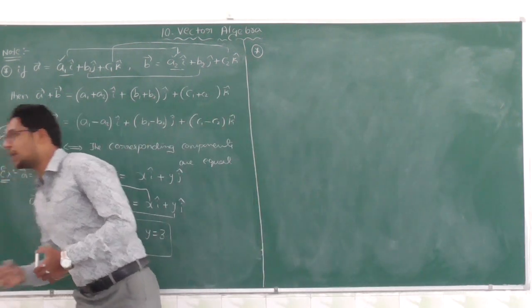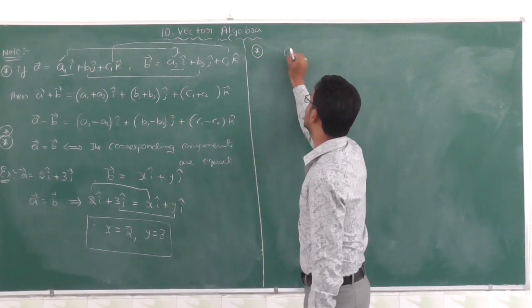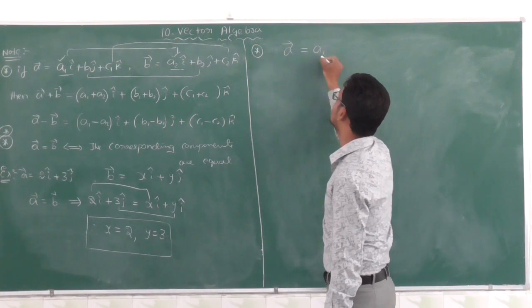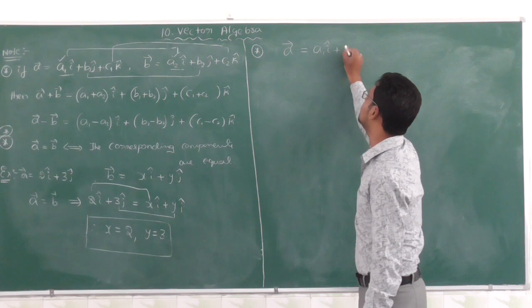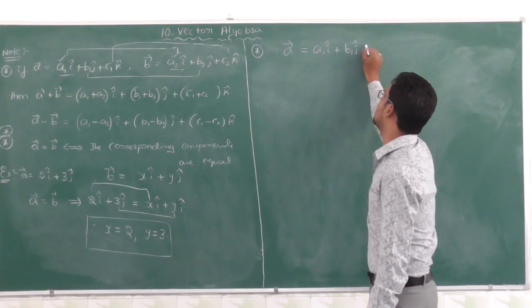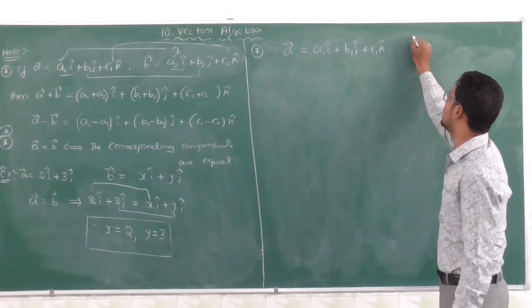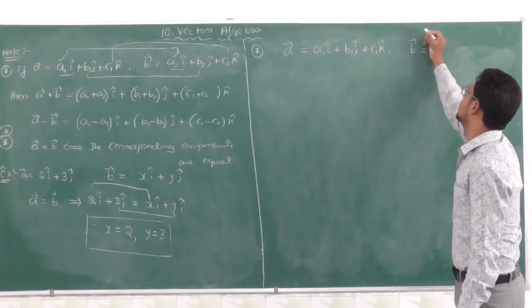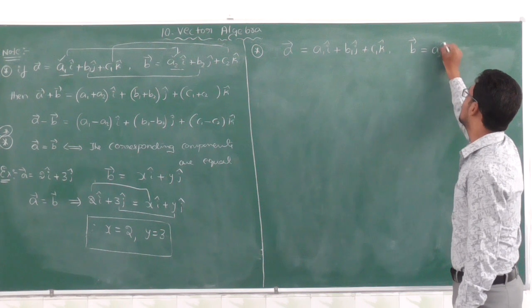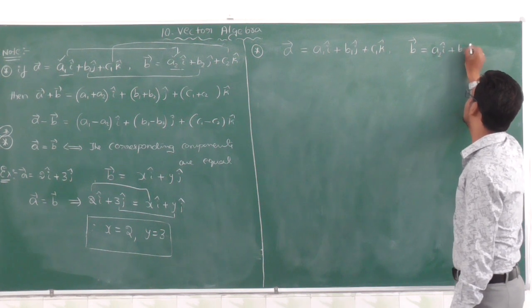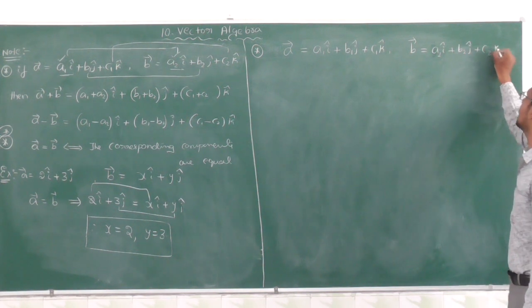See, we have the vector A equals A1 i cap plus B1 j cap plus C1 k cap. Next, one more vector we have, B vector equals A2 i plus B2 j plus C2 k.